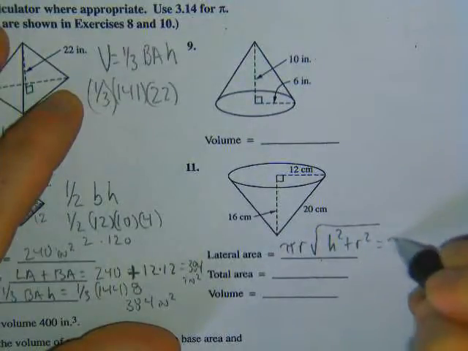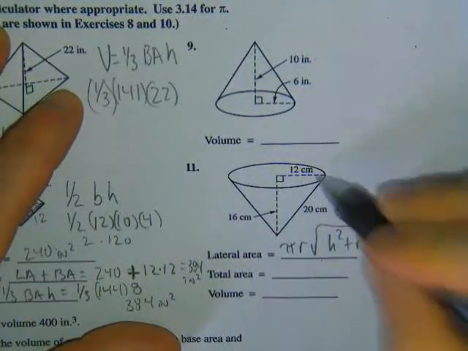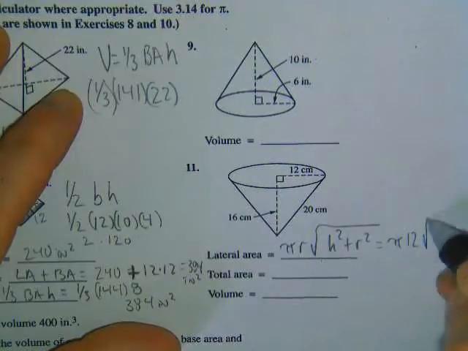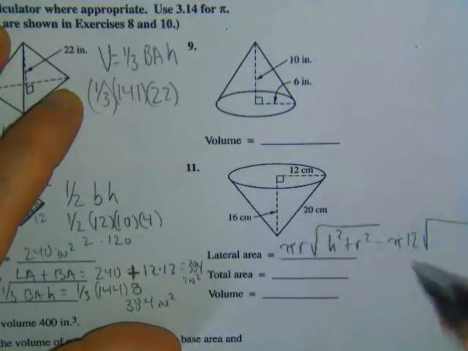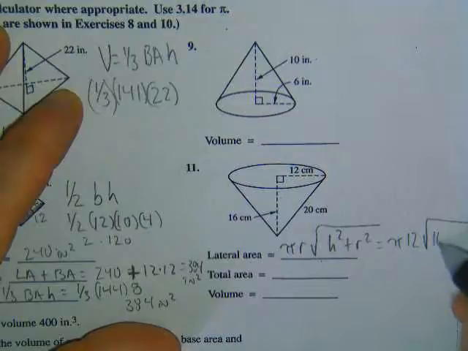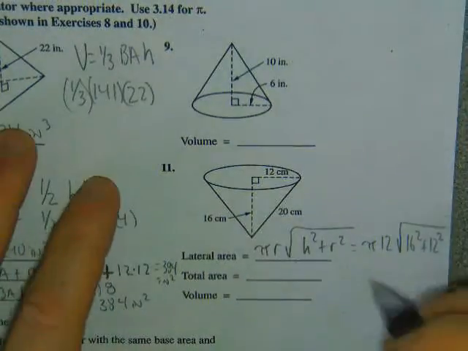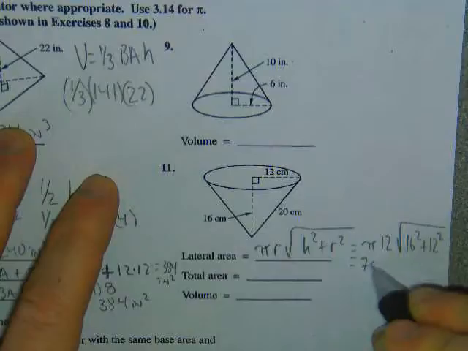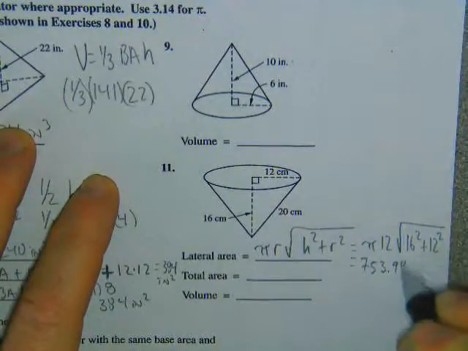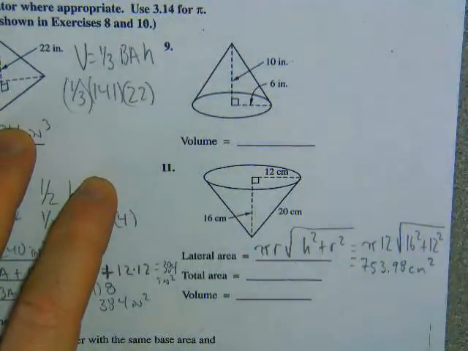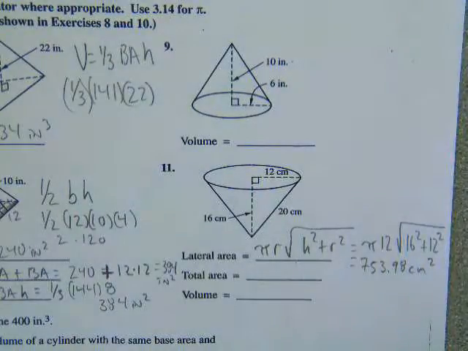Pi, the radius is 12. The height is 16. I just plug that in the calculator. And when I did that, I got 753.98 centimeters squared.